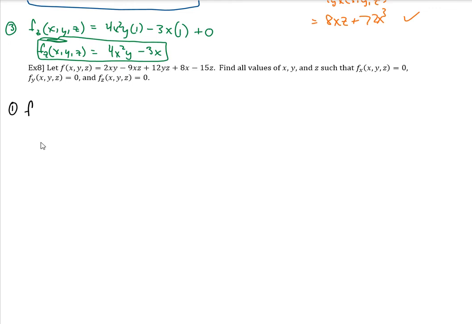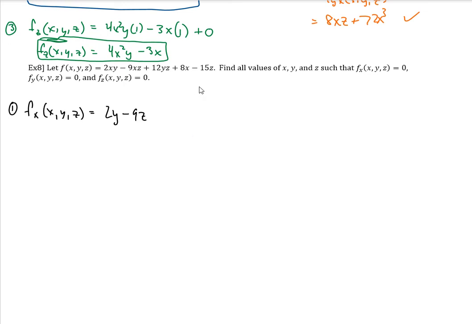Step 1, let's just find our first order derivative with respect to x, and afterwards we're just going to set it equal to 0. So let's find it. That's looking at this giant equation here. The derivative looks like it would be 2, and the derivative with respect to x is y, so it's 2y. And then minus the derivative of this one with respect to x would be 9z, like that.